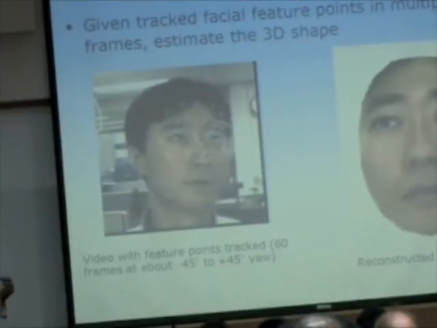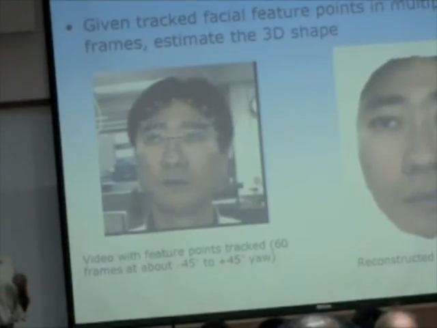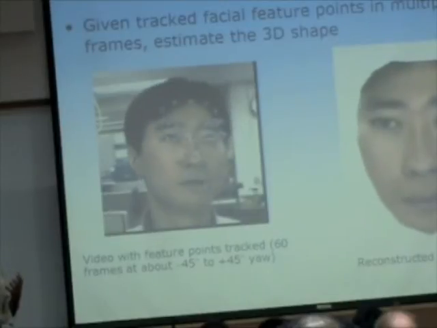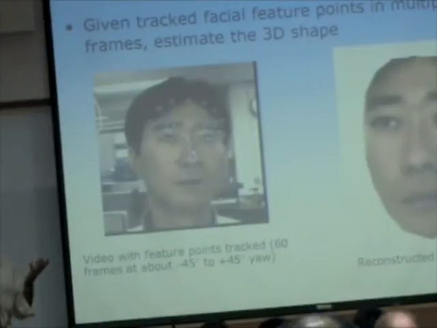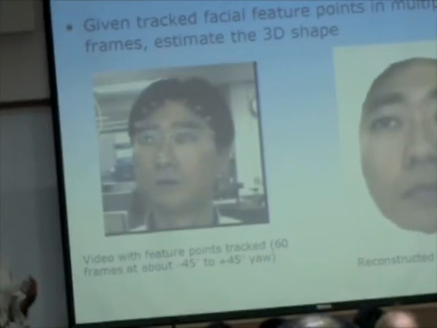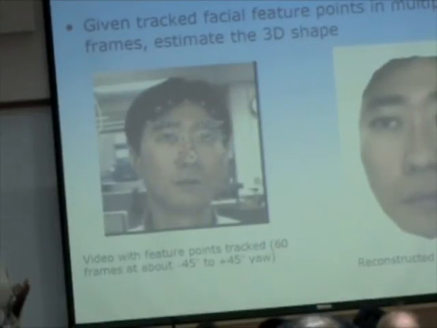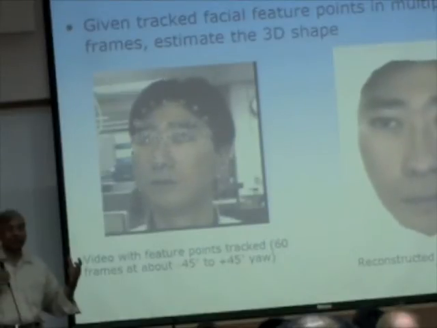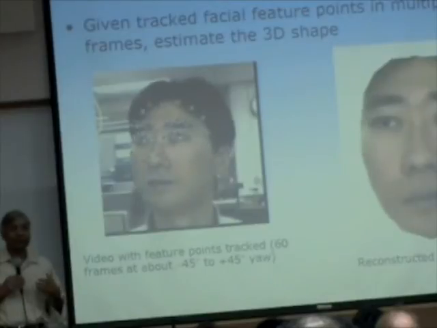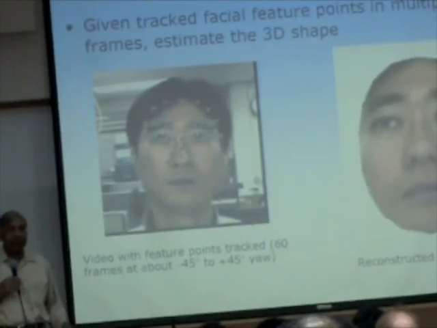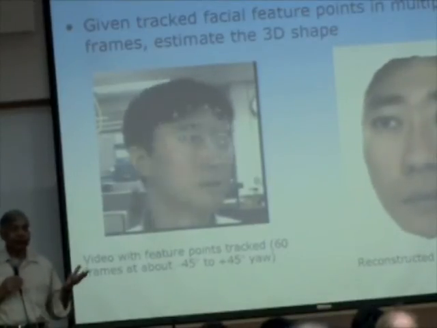So once we can detect the feature points in the individual frames, I already introduced this idea, which probably most of you know about, using stereo to build a 3D model. So stereo uses two stationary cameras, left image, right image, and you do the correspondence to build a 3D model. You can do the same thing using what is called structure from motion.